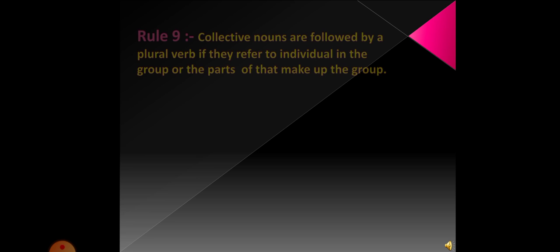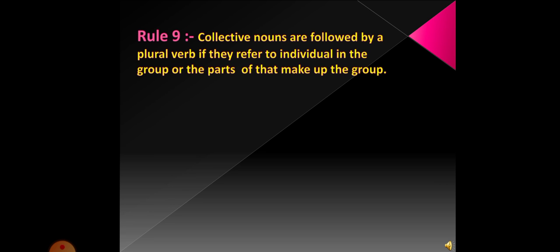Okay, now the next rule is collective nouns are followed by a plural verb if they refer to individuals in the group or the parts that make up a group. See, now this rule is a modification of the previous rule.